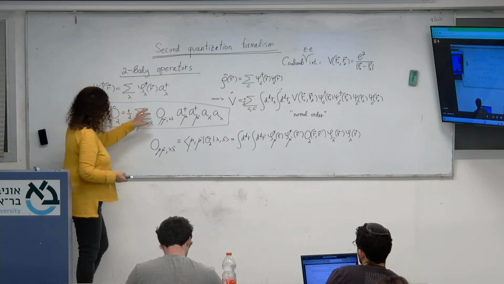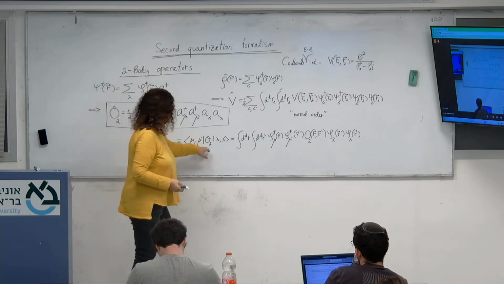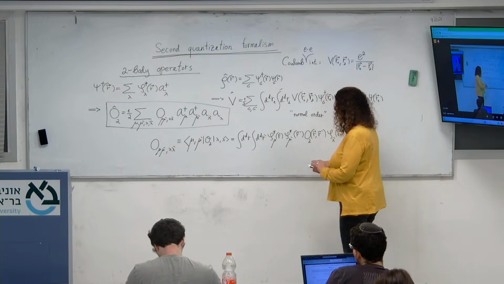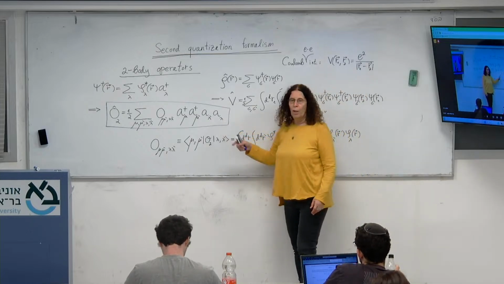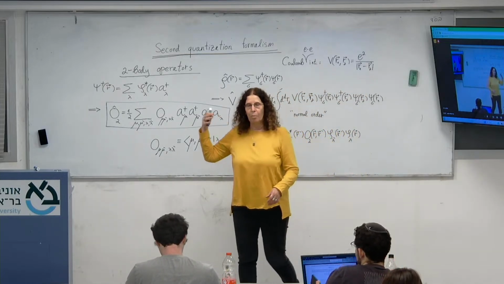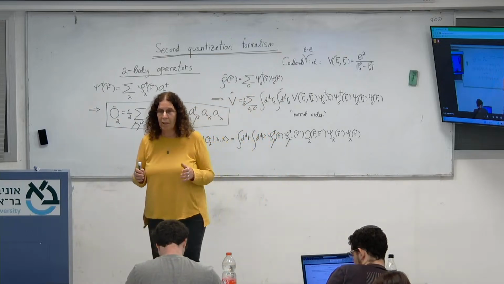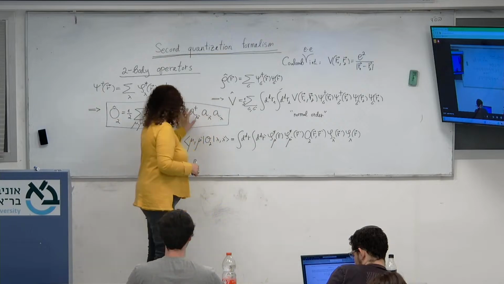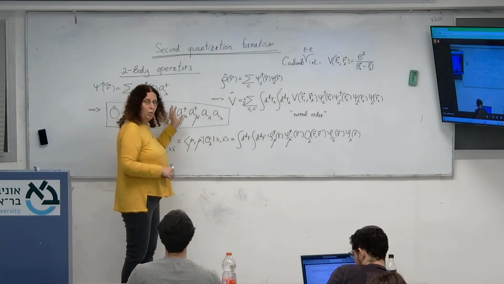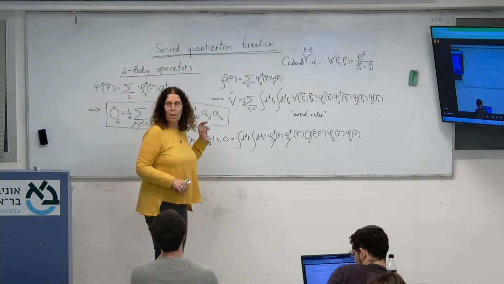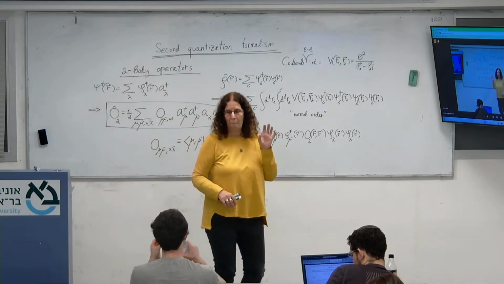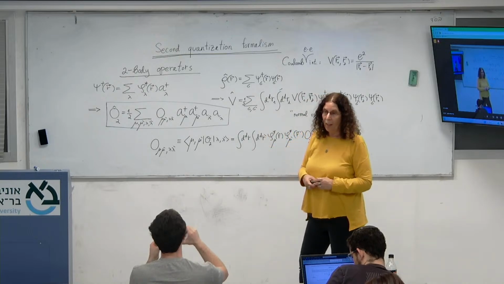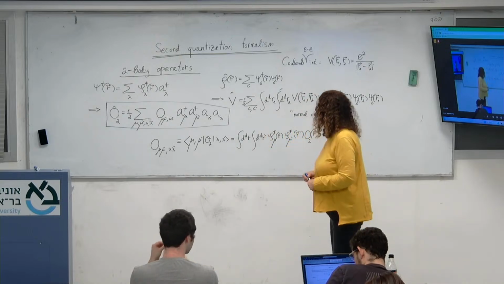And actually, when I'm writing it like this, since I'm allowing the indices lambda to include both spin and momentum or whatever you like, this kind of expression describes also not only density-density interactions, but also spin-spin and current or any other kind of interactions.